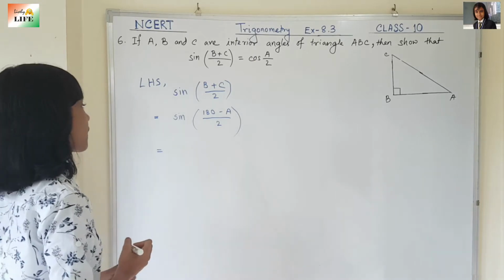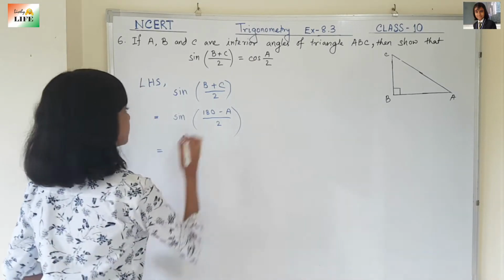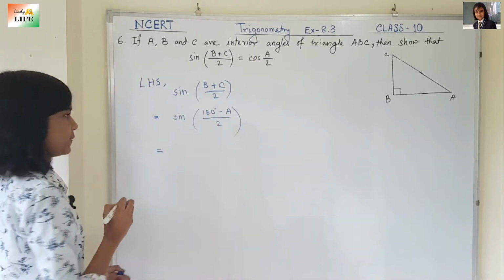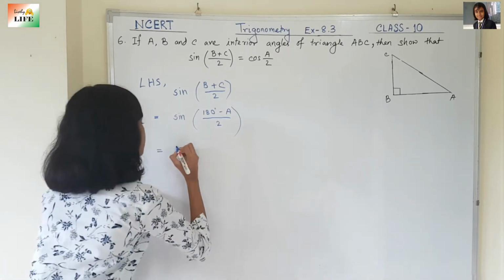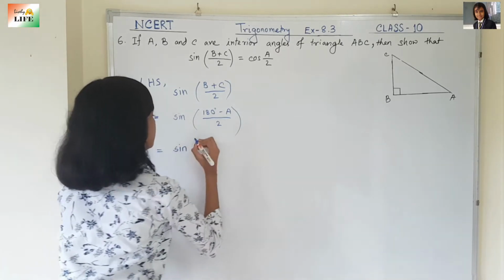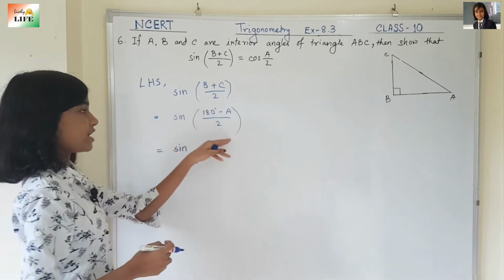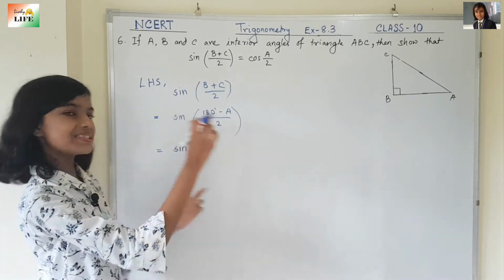Okay, now 180 degree minus A. Now sine, we can write (180 degree minus A) by 2 as 180 degree by 2 minus A by 2.